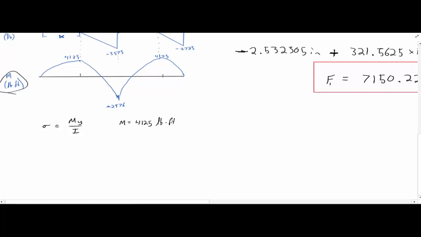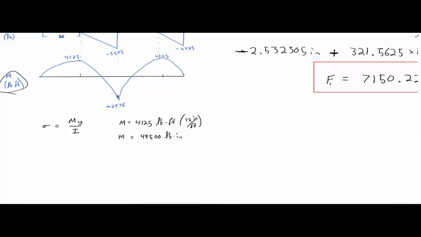Pound-feet, right? So let's go ahead and multiply this by 12 inches per foot, just to get the units to match, and so 49,500 pound-inches is my moment.